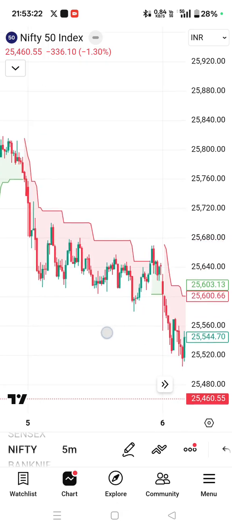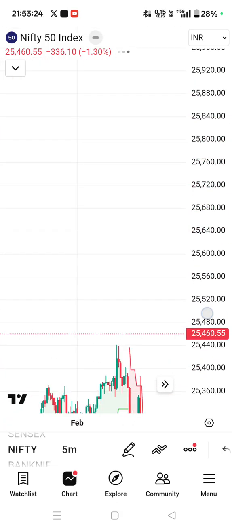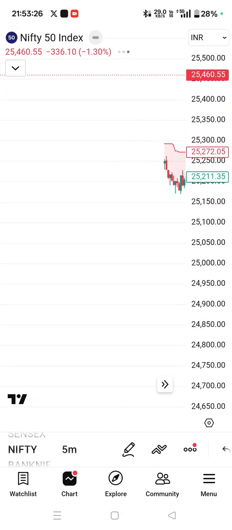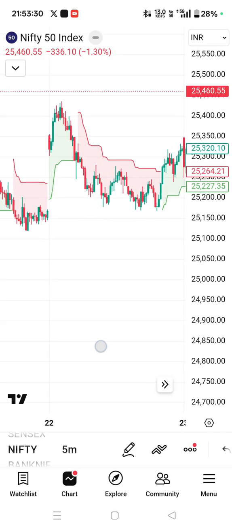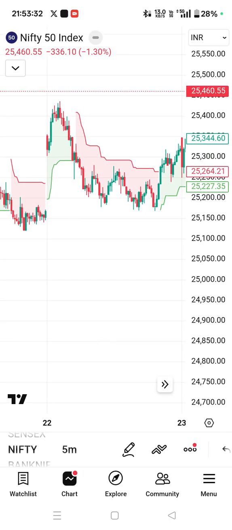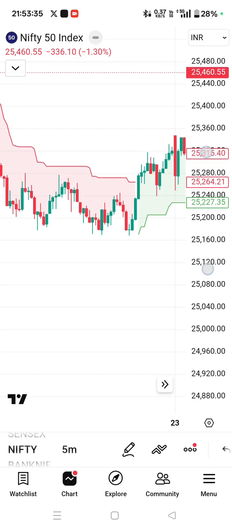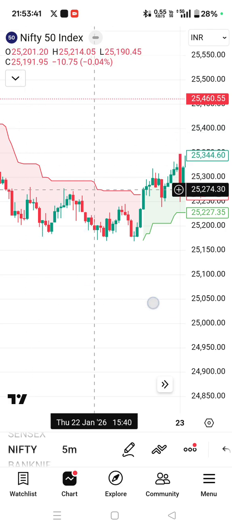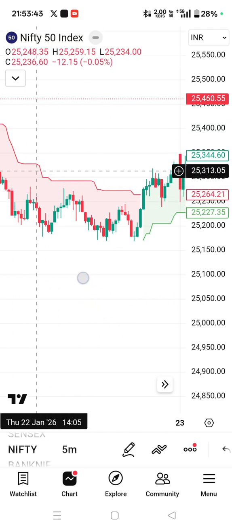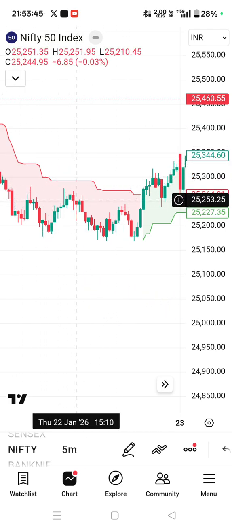Correct. Let me take you to any given day, how a day starts. Let me take you to 23rd. Okay, now see, here we are at 23rd, and we can see this red. When the background is red and the bar is red, it indicates the market is in a bearish trend.